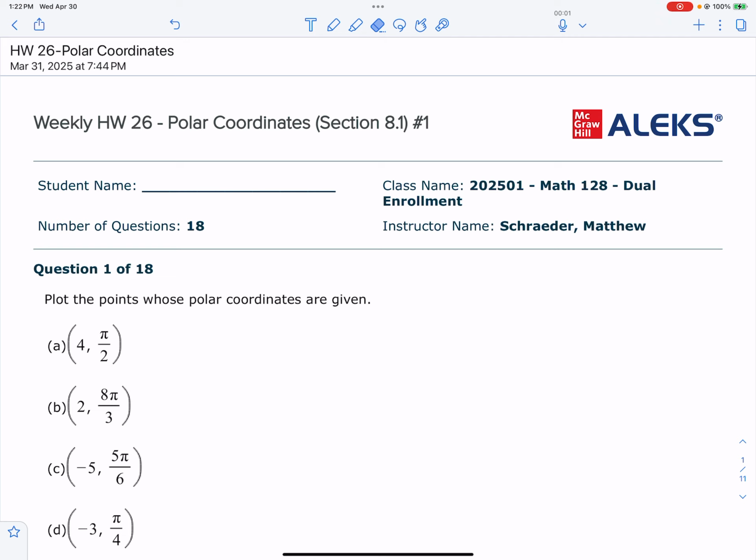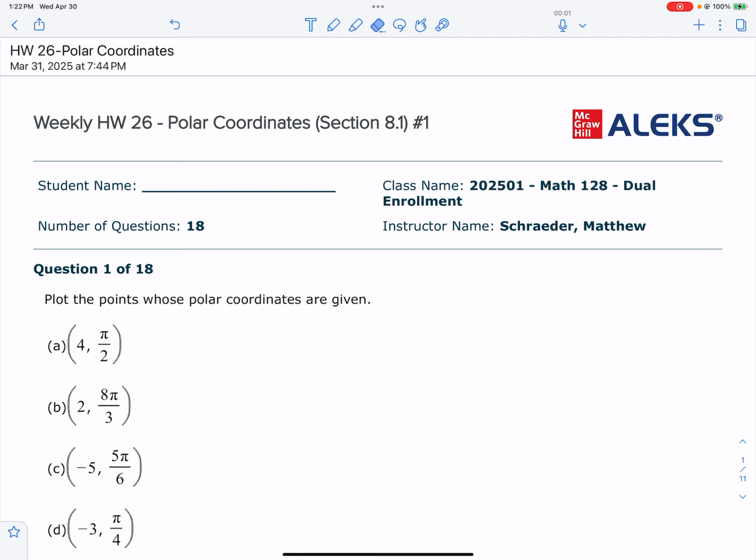I don't remember if we did polar coordinates in AP Pre-Calc, but basically polar coordinates are just another way of graphing, but on a circular grid instead of a square grid. A rectangular coordinate system is exactly as it implies, left and right, up and down.